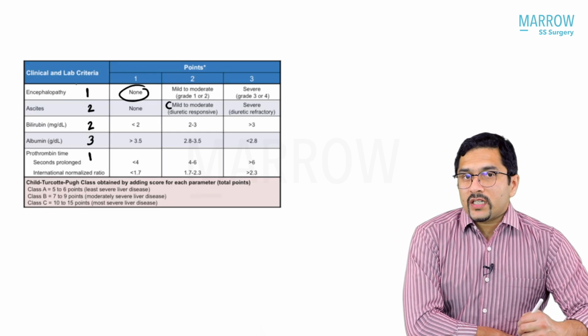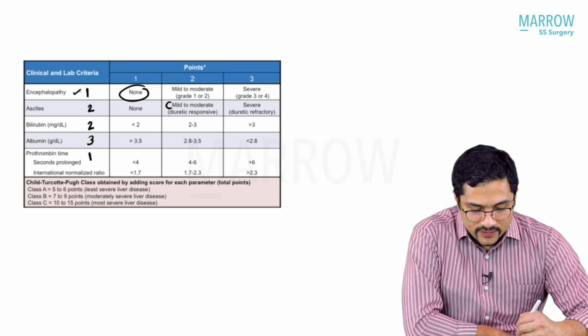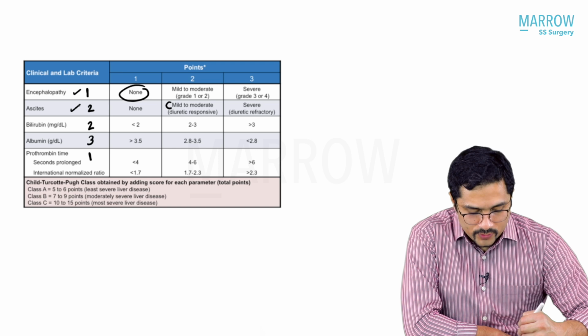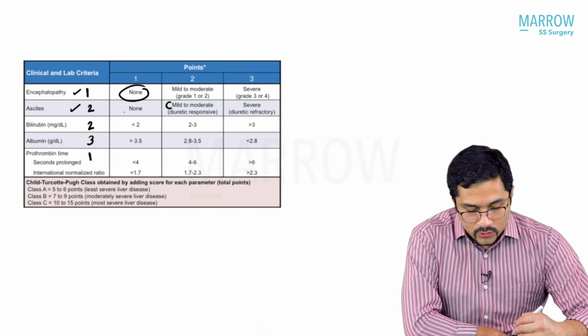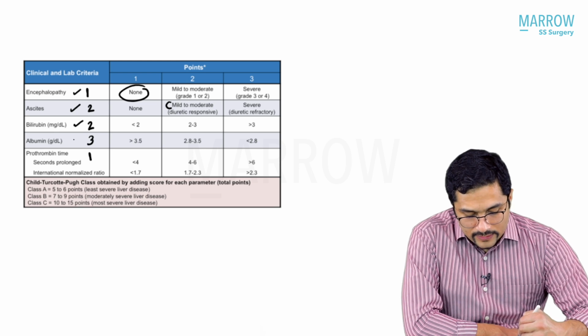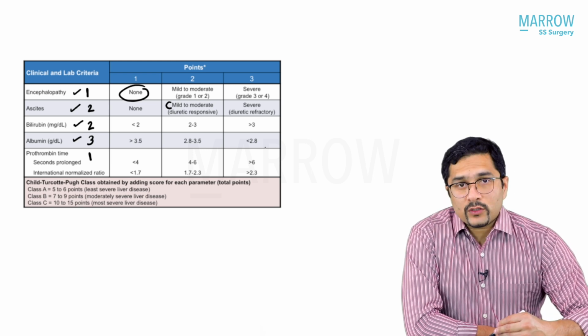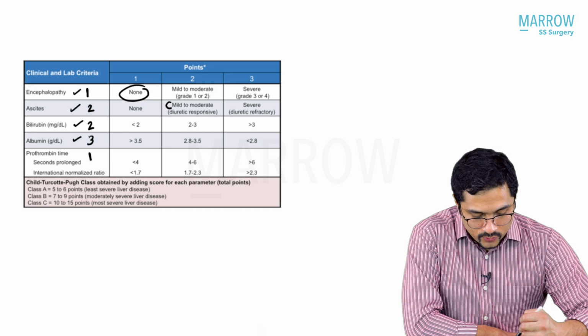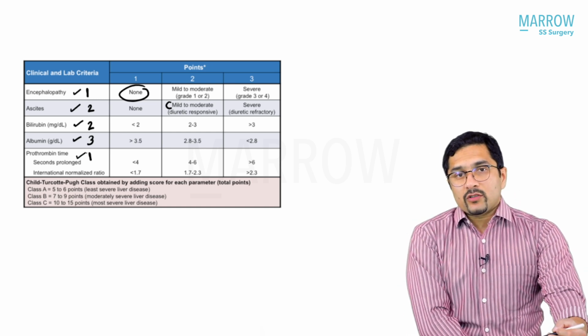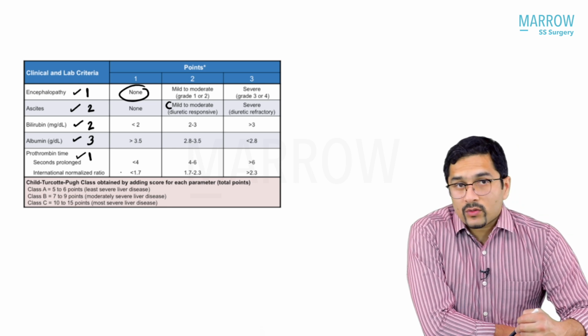Because the patient is conscious and oriented, encephalopathy score is 1. There's mild to moderate ascites, so the score is 2. Bilirubin was 2, so it is between 2 to 3, the score is 2. Albumin was less than 2.8, so the score is going to be 3. And prothrombin time or INR was 1.1, so the score is going to be 1.